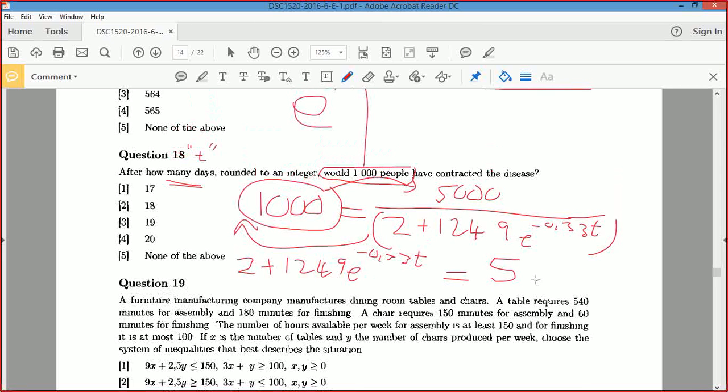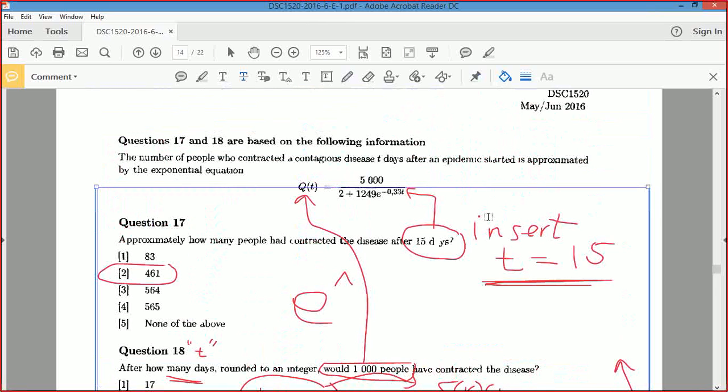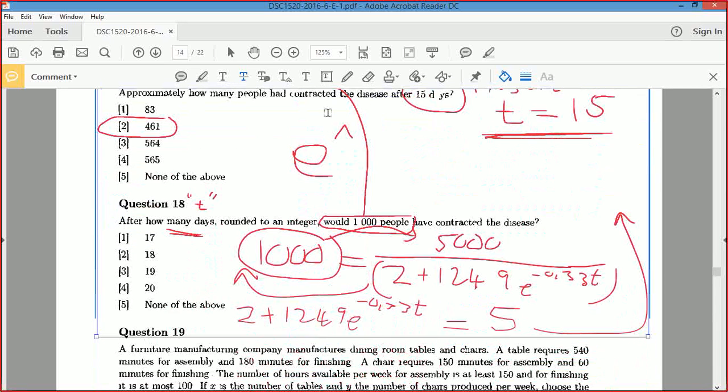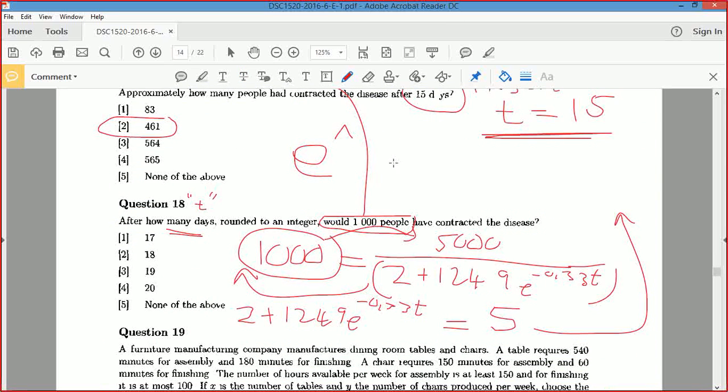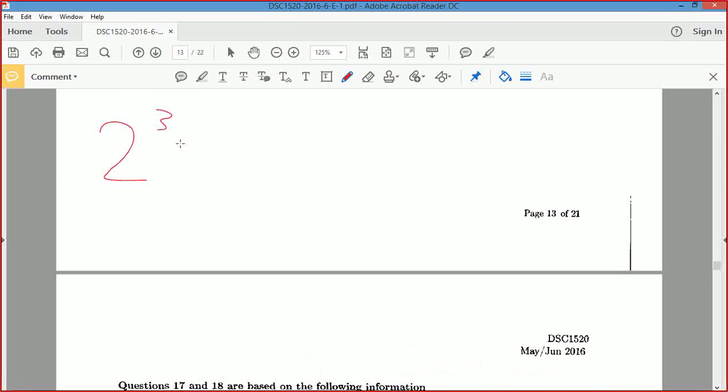Okay, now we're going to have 1249e to the power negative 0.33 t equals... Take this 2 to that side, becomes minus, so I'll have a 3 here. Yes. Okay, so now I need to remember something basic, this.